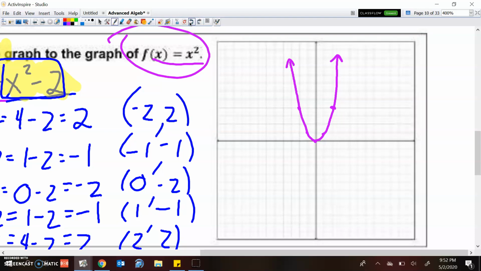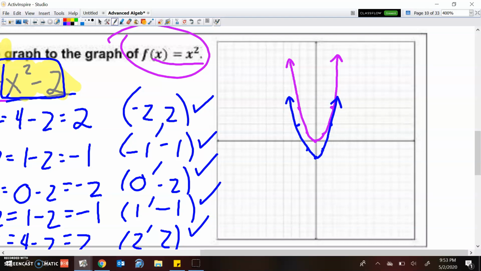Negative 2 to the left, up 2. Check. Negative 1, negative 1: so negative 1 to the left and down 1. Check. 0 and down 2. Check. 1 and down 1. Check. 2 and up 2 because it's a positive 2. Check. So this graph looks like this.